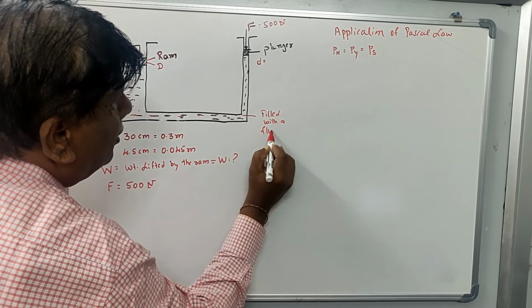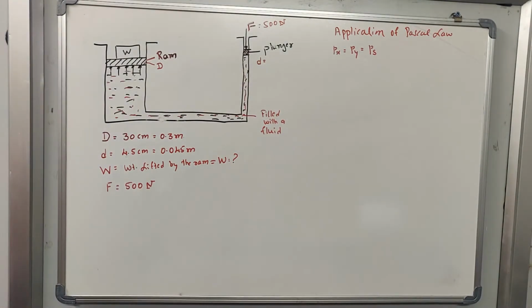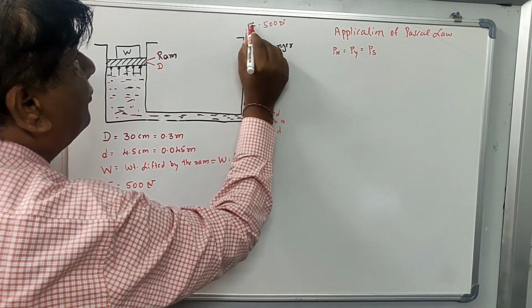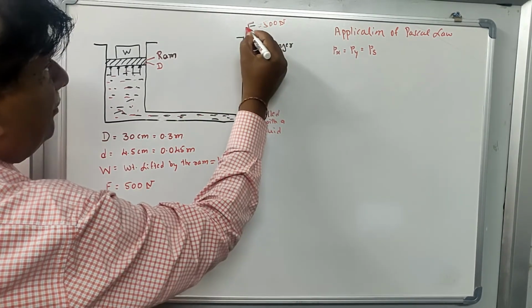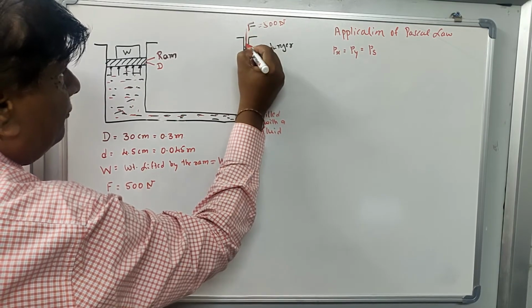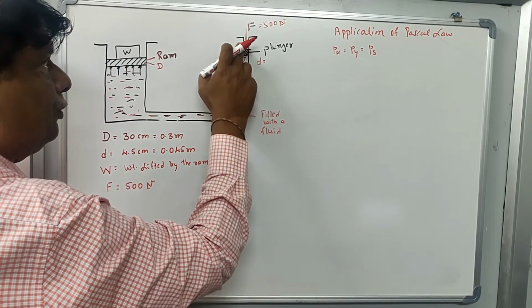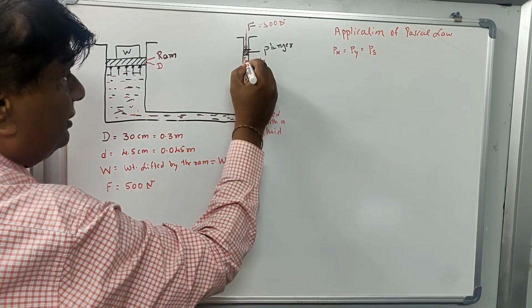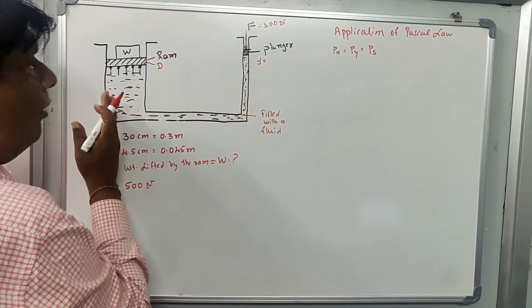If a force F of magnitude 500 Newton is applied at the plunger point, the pressure is exerted on the fluid particles and it transmits equally in all directions.